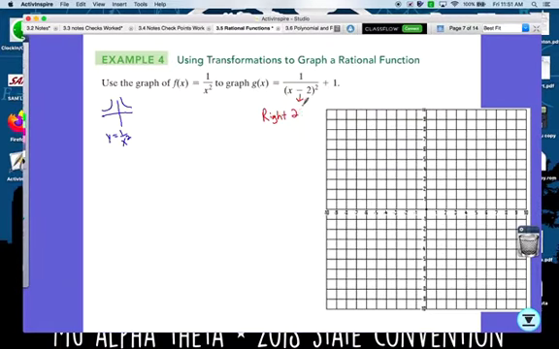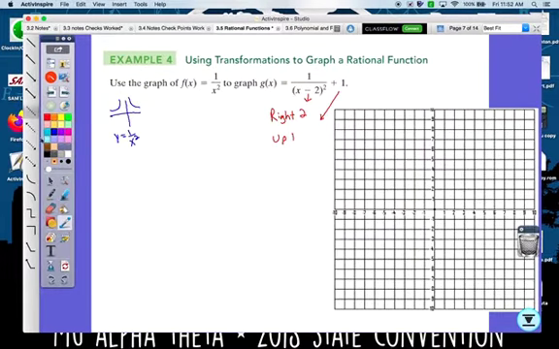Remember, inside means I'm going to move it left or right, opposite what you think. So minus actually means move to the right. And then the plus 1 up top tells me I'm going to move it up. The number on the outside moves it up or down just the way you think it should go.